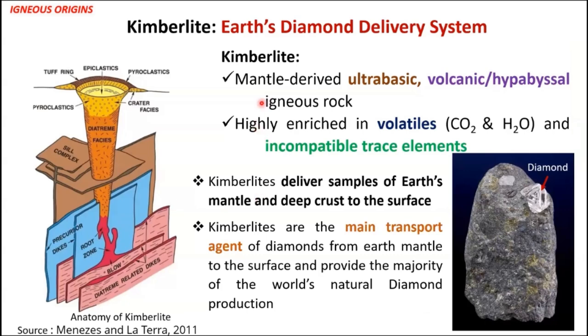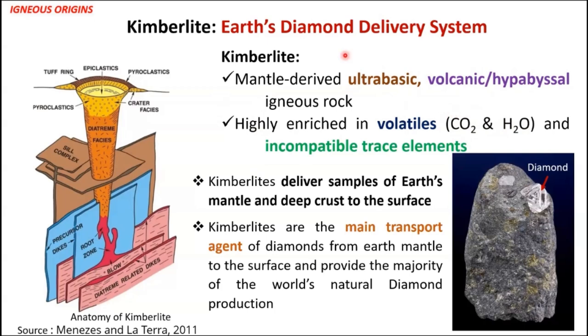Kimberlite is a mantle derived ultrabasic rock, but it mainly erupts at the surface or sometimes crystallizes as hypabyssal rock at very shallow depth. Volcanic means at the surface. They contain a considerable amount of dissolved gases or fluid, carbon dioxide, water.